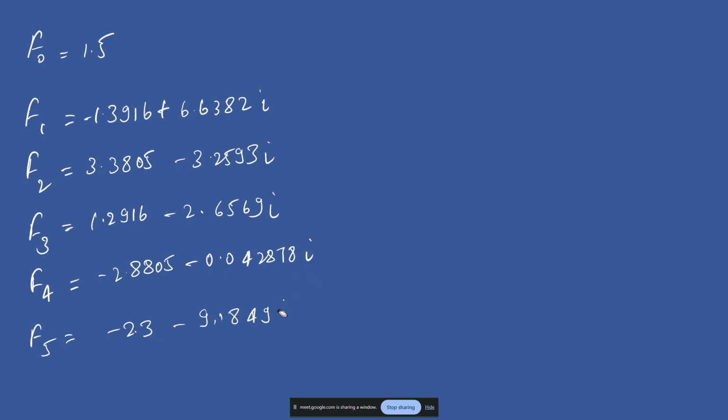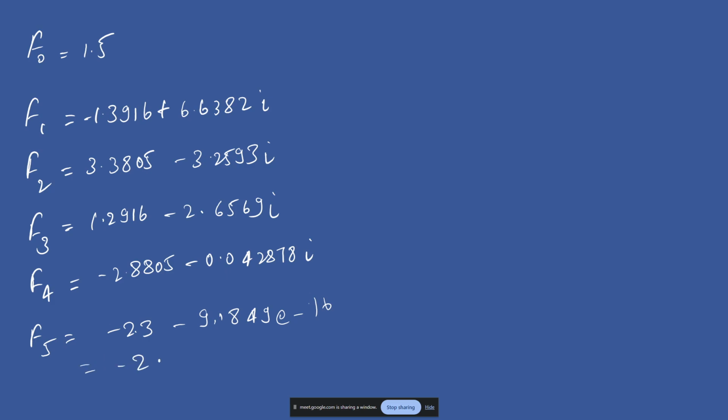Okay, it's e raised to power minus 16, so I guess this value is only minus 2.3.